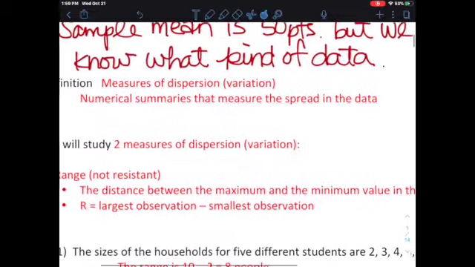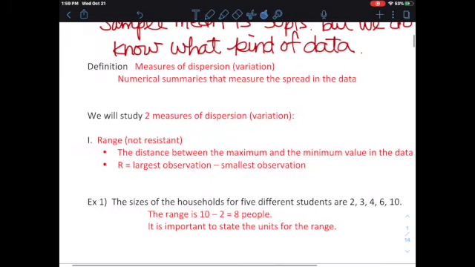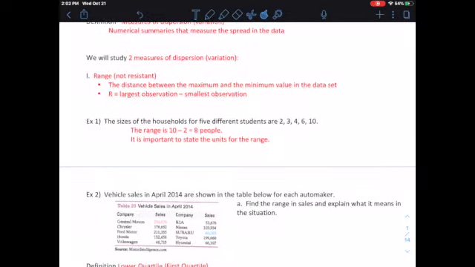The size of the household for 5 different students are 2, 3, 4, 6, and 10. That means how many people are in your house. The range will be the biggest number, 10, minus 2, the smallest number of people in your house, and that's 8. And it is important to state the units for the range. Okay, the biggest number minus the smallest number. That's it. Example number 2.